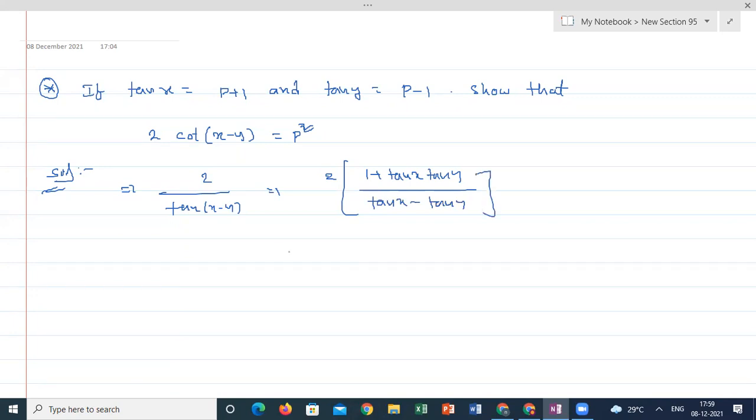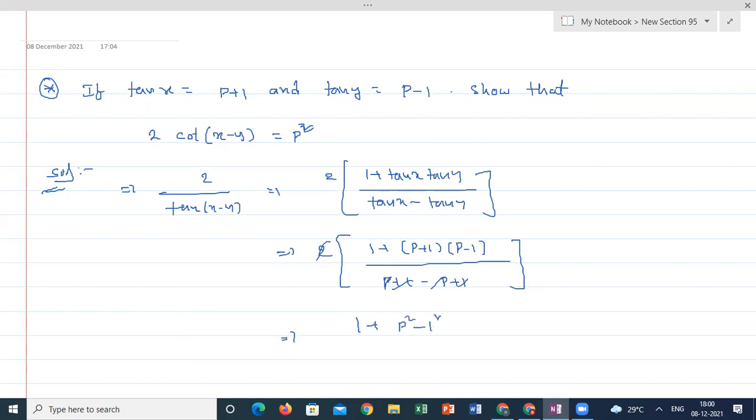And substitute tan values here. 2 of 1 plus of p plus 1 into p minus 1 divided by p plus 1 minus p plus 1. So p cancel. So 1 plus 1 is 2, that is also cancelled. So this will be 1 plus p square minus 1 square. So the answer is p square.